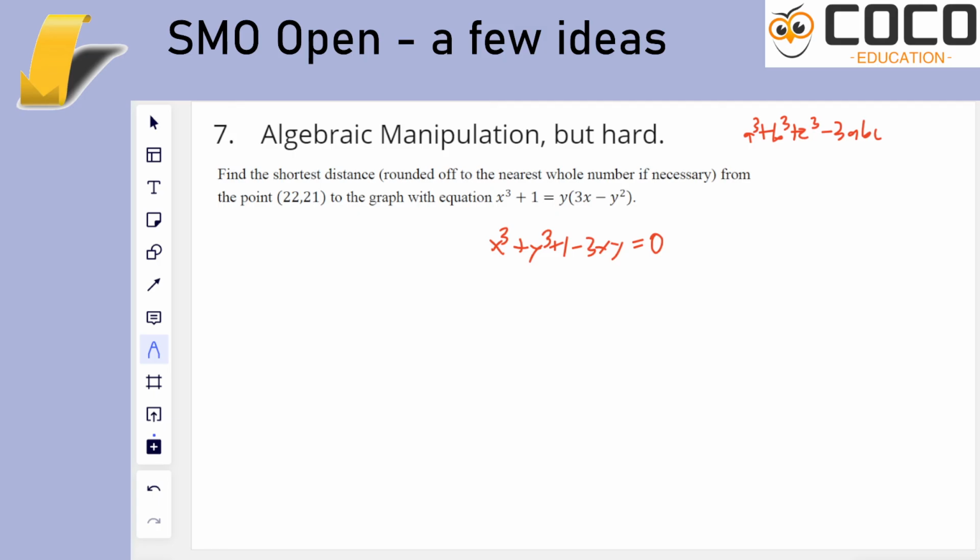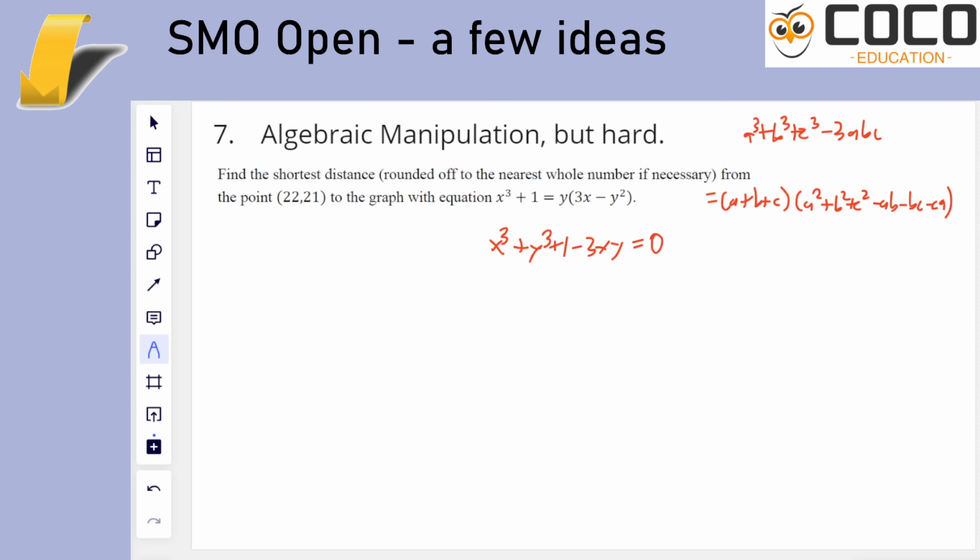If you don't know it, now hopefully this is the first time you're seeing it, this is your factorization.